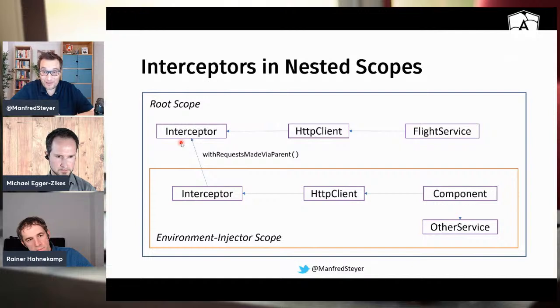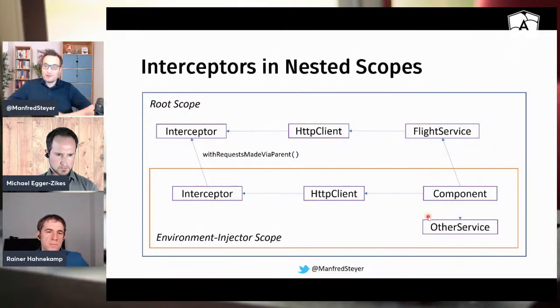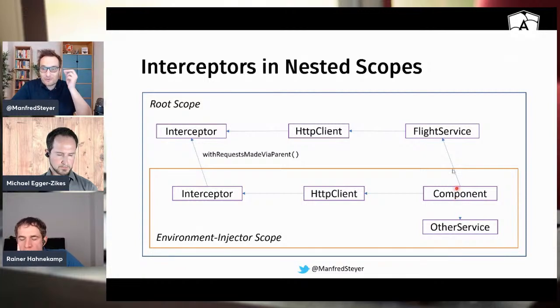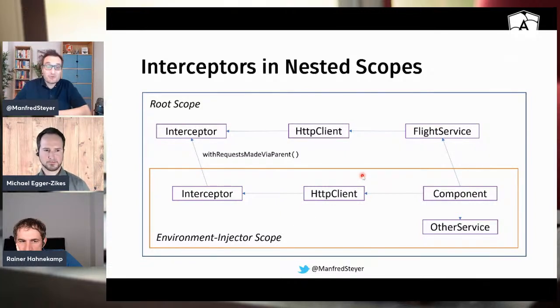There is really one pitfall. Namely, think about using a root scope service in your lazy component. Look at this. I think now already those arrows tell you what's going on and why we have a pitfall. Now, as your inner component is using a root scope service, we are bypassing everything in here because the root scope cannot know about your lazy environment injector scope.